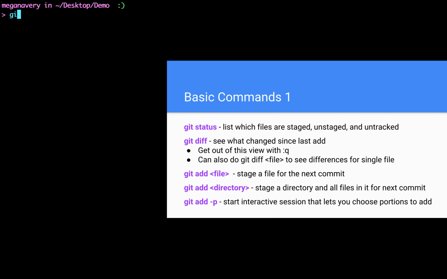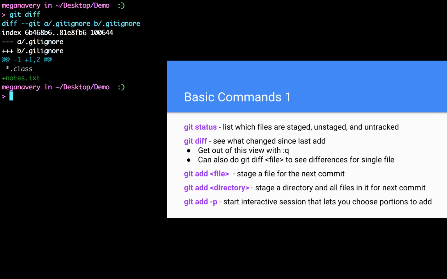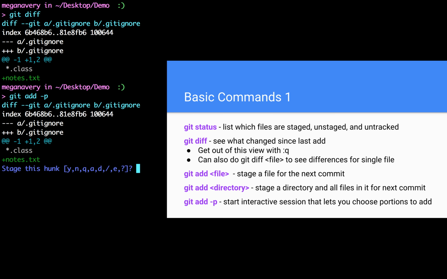Now I can do git diff and see that this plus in green means that I added that line. And if I had deleted a line, I would see a minus with red text to show that it had been deleted. And now I can do a git add -p, and it asks me, do I want to stage this hunk, which is this collection of changes.